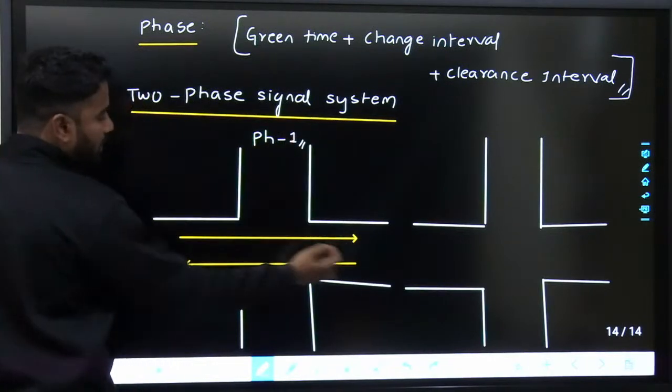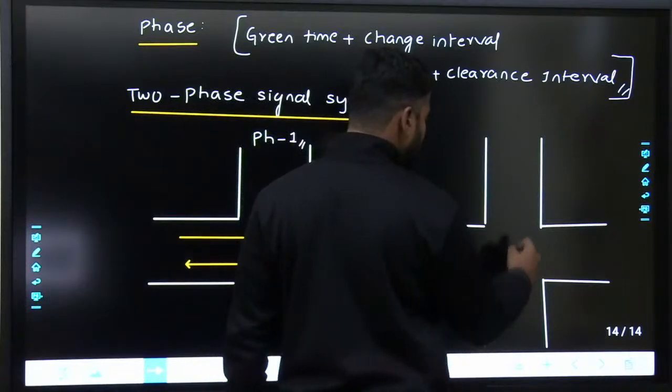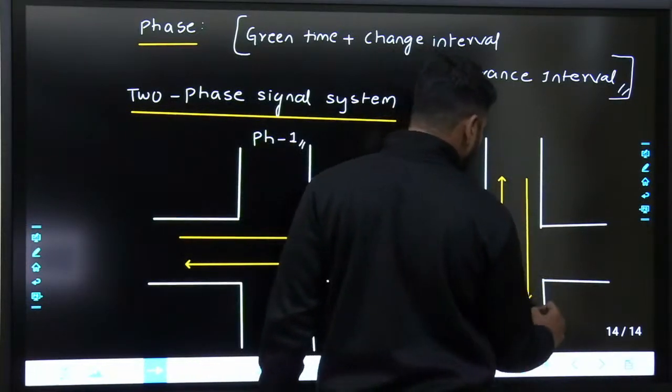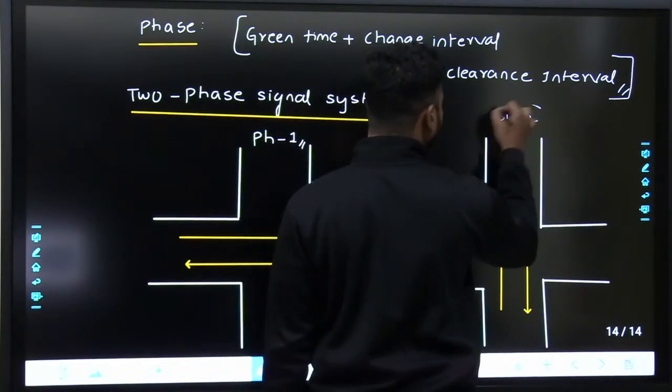In phase 1, vehicles in this direction will move, and in phase 2, vehicles in this direction will move. This is two phases. This is phase 1, this is phase 2.